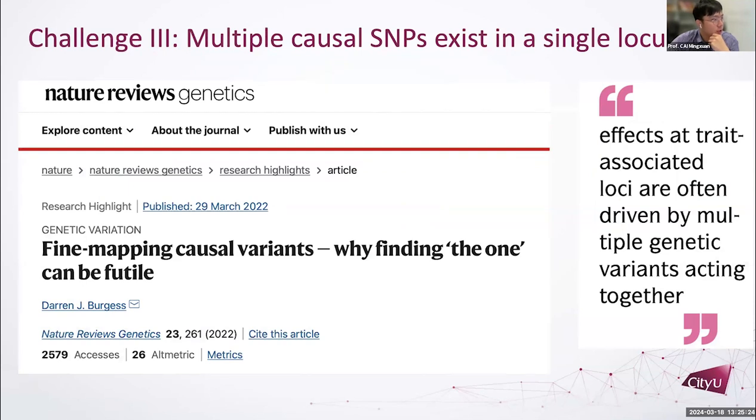So the third one comes from the computational perspective. This is a paper from Nature Reviews Genetics. Previously, for traditional fine mapping methods, people usually need to assume there is a specific number of causal signals, causal SNPs, in the local region.